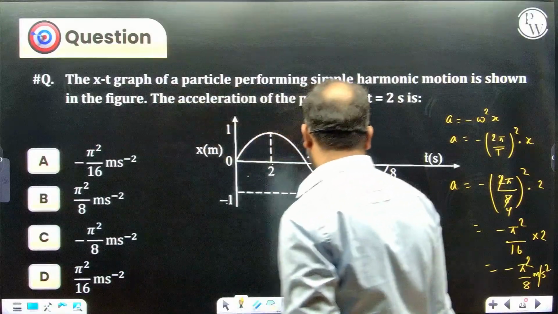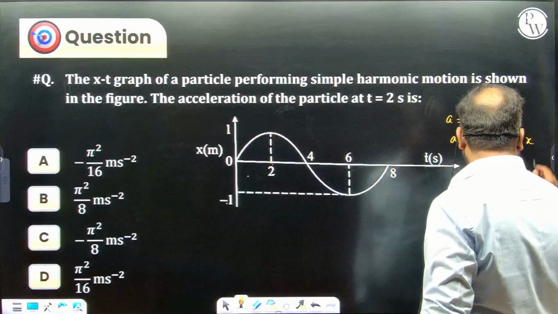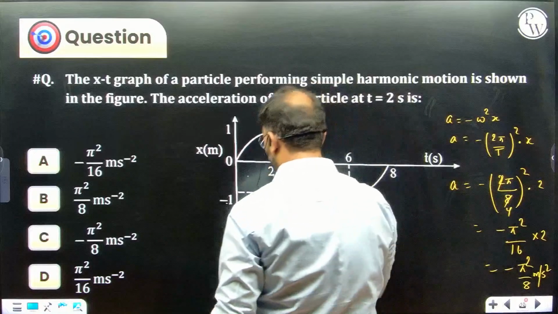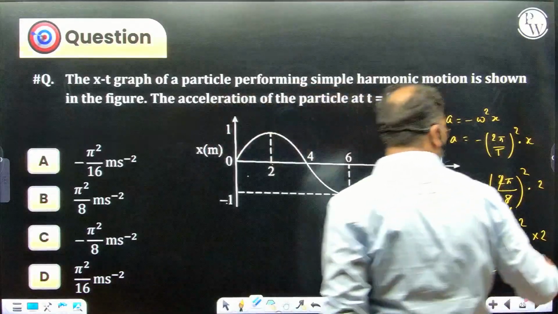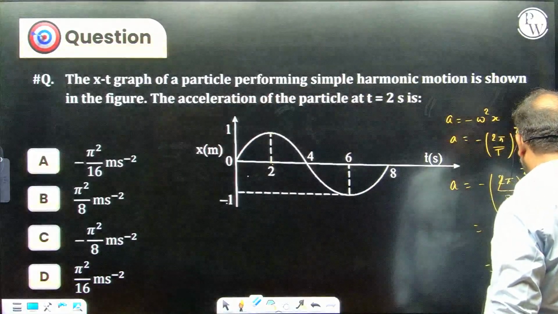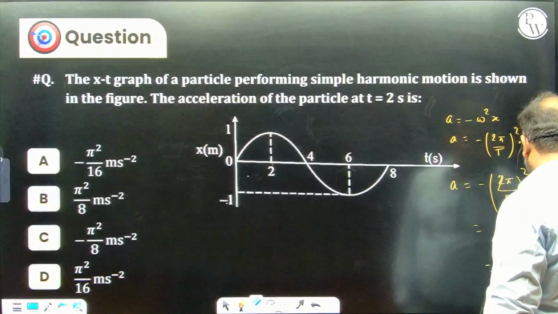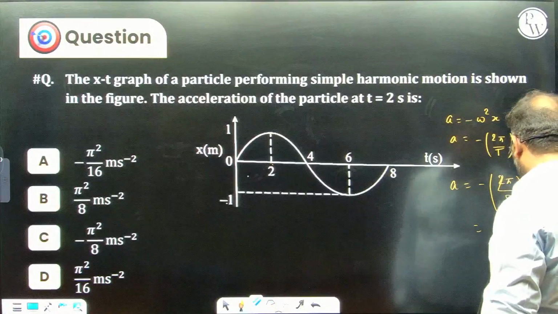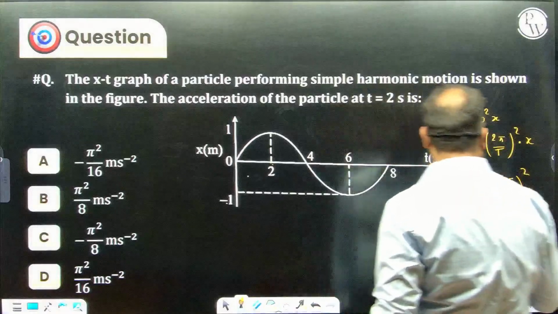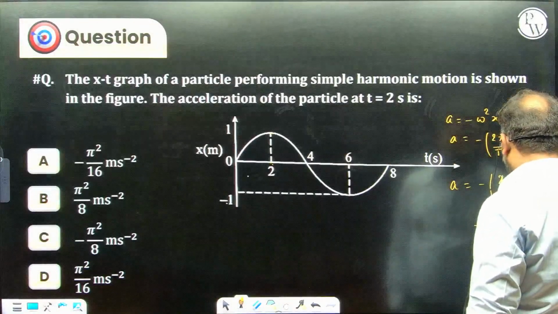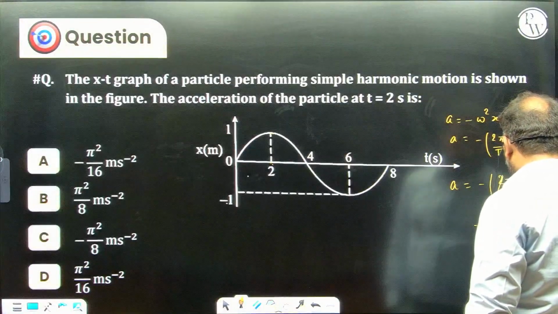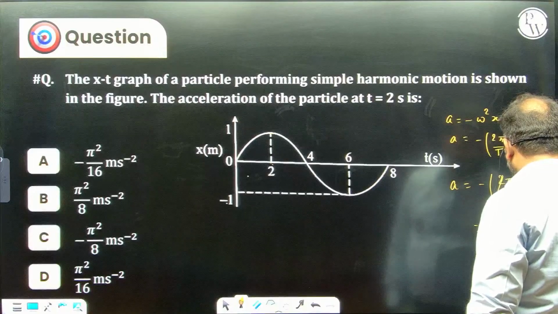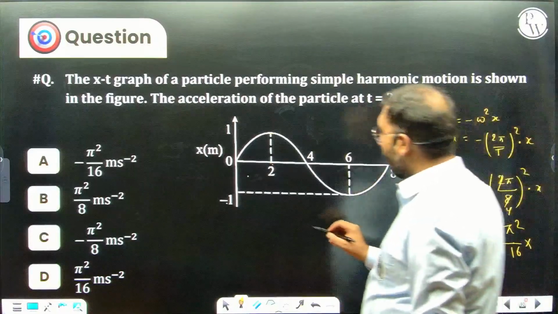Just a minute. The value of x is not 2. I am sorry, there is a calculation error here. It is minus pi square by 16 into x. The value of x is what?